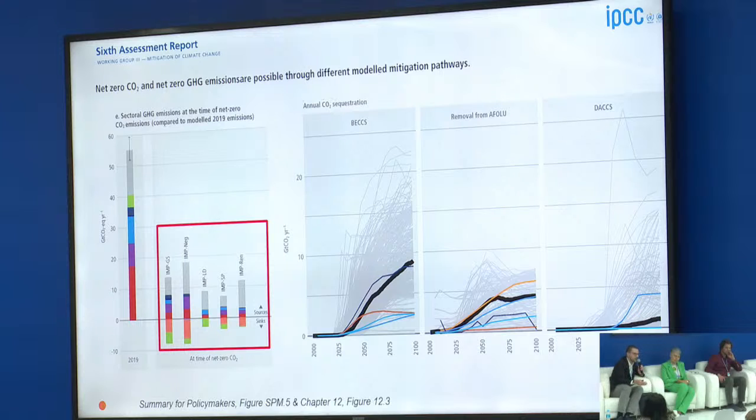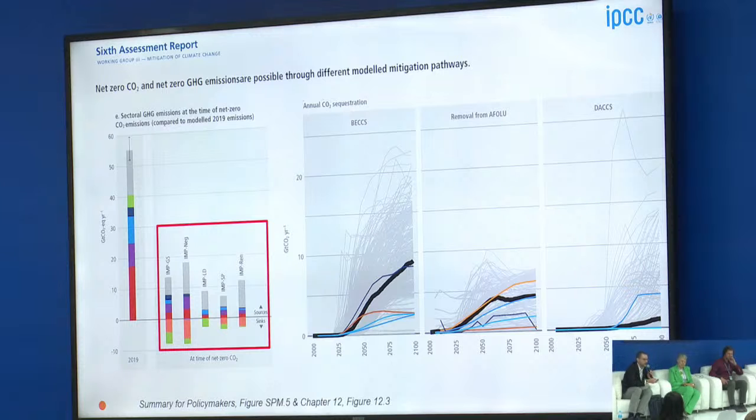Many of these IAM scenarios had a lot of bioenergy with CCS, but you cannot therefore say the IPCC says we need to reach this. That's why we have these IMPs to show variations of strategies where in the database you have clusters of strategies that a little bit bias the whole database towards specific options.